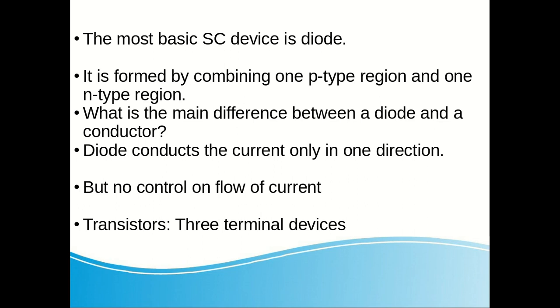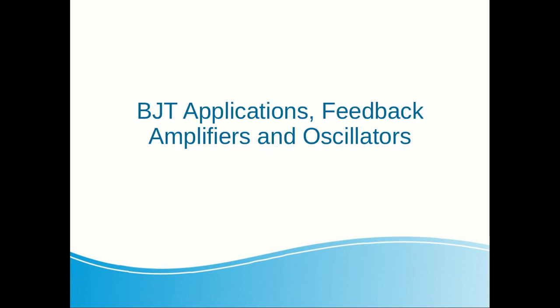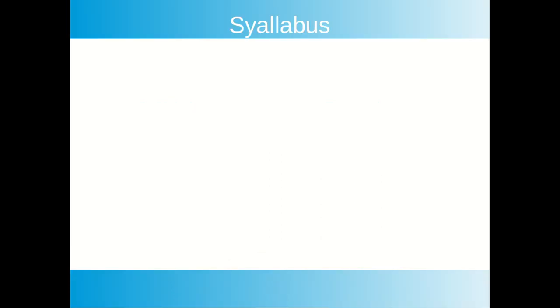Earlier we have studied one type of transistor in module 2, that is the FET, field effect transistor. In this module we study another type of transistor, that is the bipolar junction transistor. The module heading is BJT applications, feedback amplifiers and oscillators. Let us first look into the syllabus of this module.